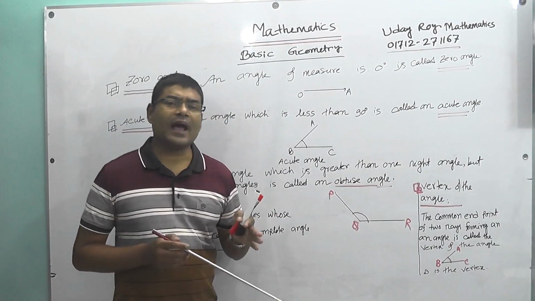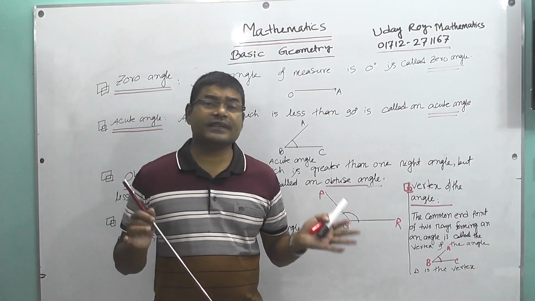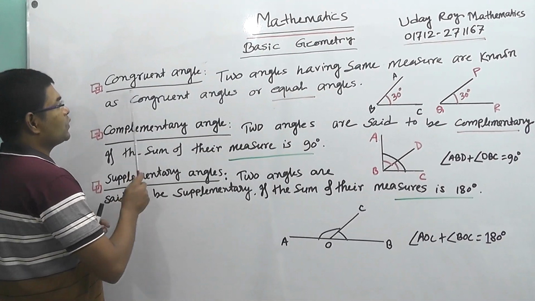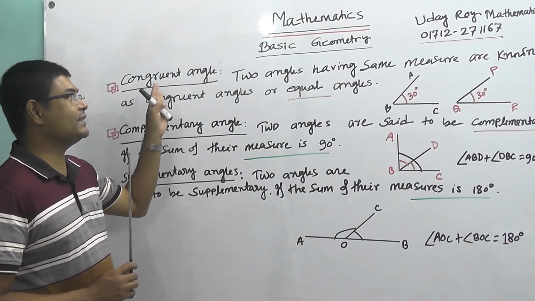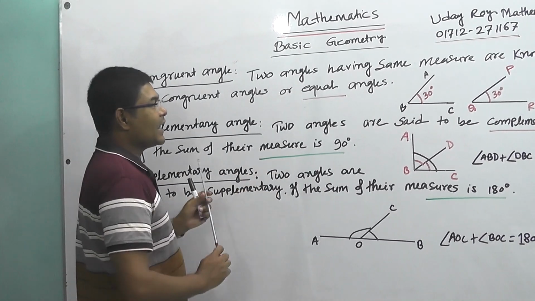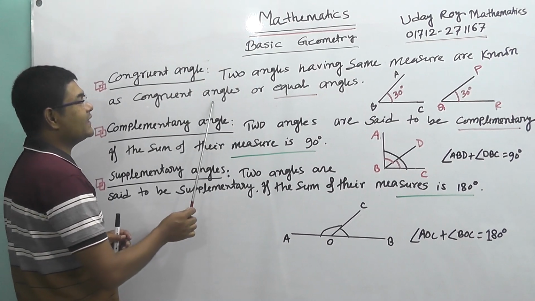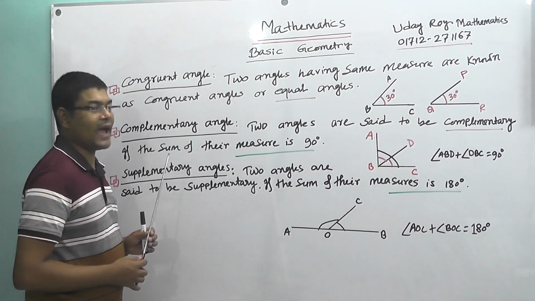So now we will have to know the complementary angle and supplementary angle. Here is congruent angle. The angles having the same measure are known as congruent angles or equal angles.